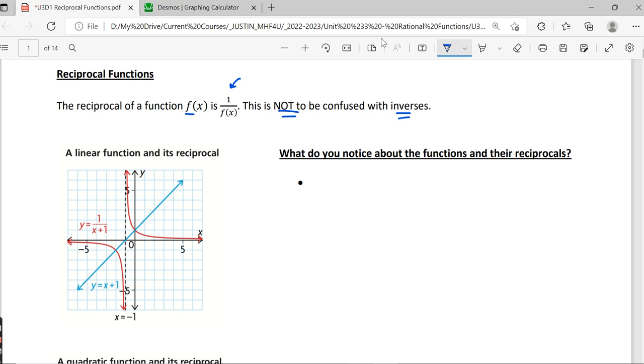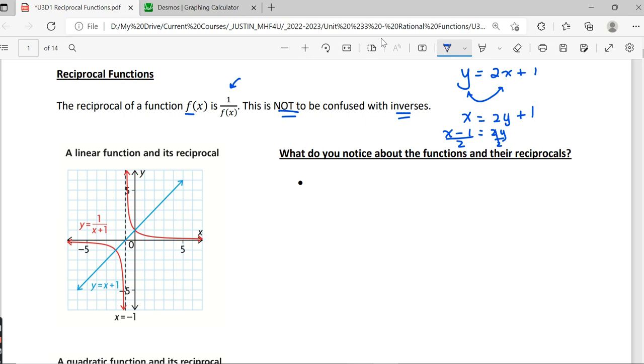Something that you have talked about in grade 11. An inverse is essentially, if I were to write out y equals 2x plus 1, an inverse would be swapping x and y. So you get x is equal to 2y plus 1 and rearrange for y. Move the 1 over, x minus 1 equals 2y, divide both sides by 2.